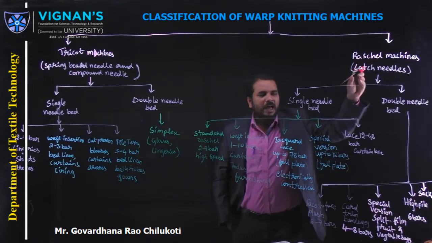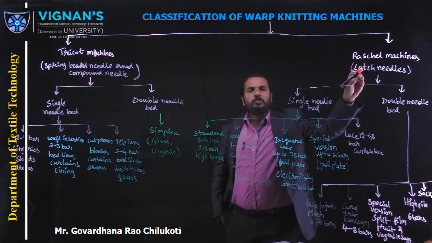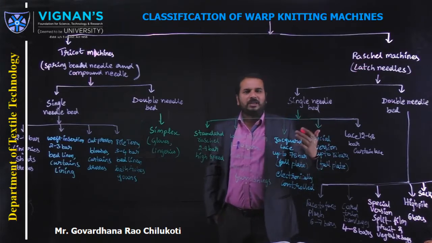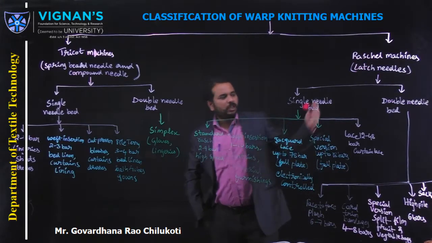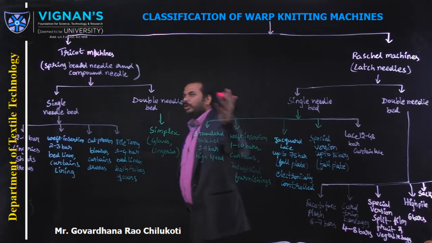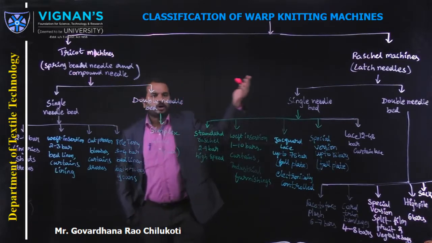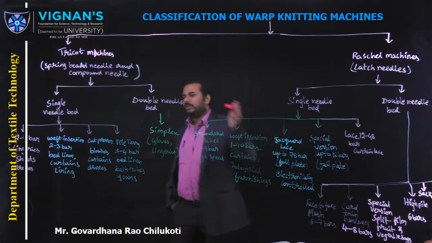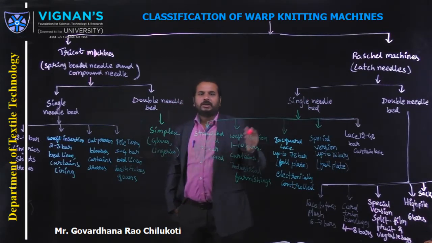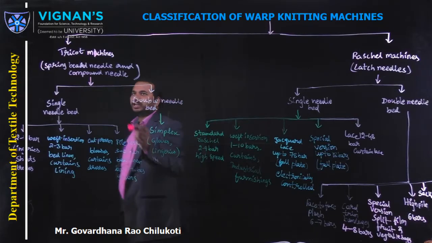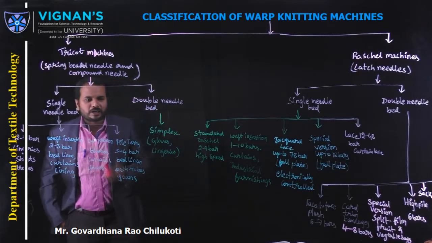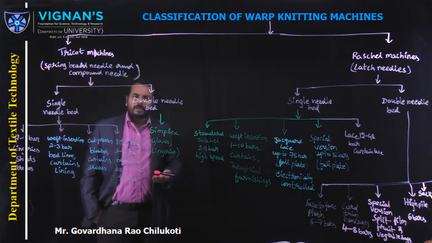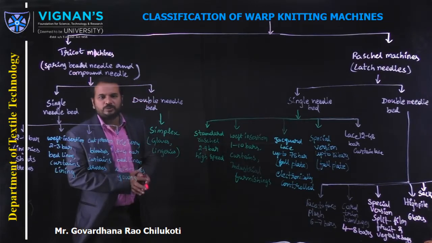This latch needle is used to produce different fabric structures. So you can see the tricot machines and the raschel knitting machines, the simple categorization. The tricot knitting machines are categorized again based on the needle beds we are using.